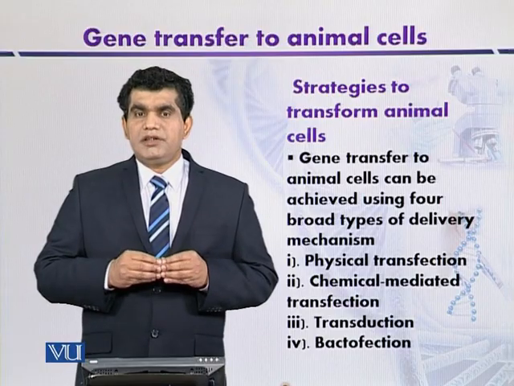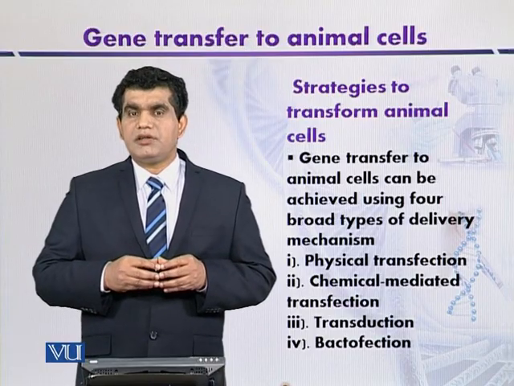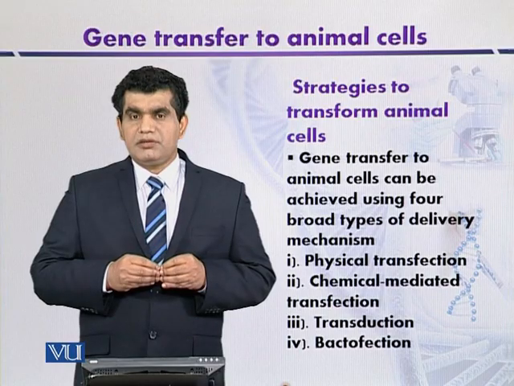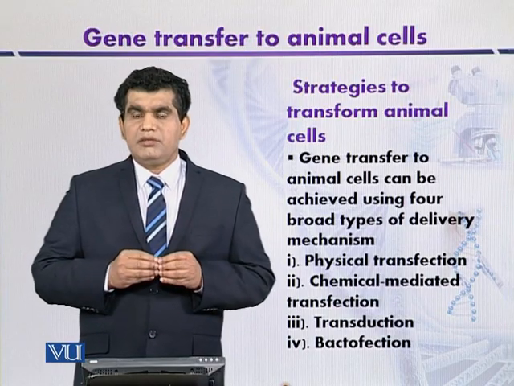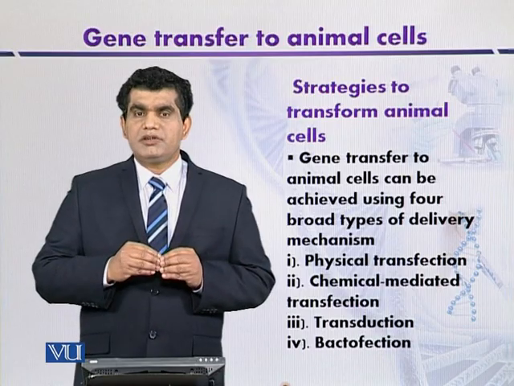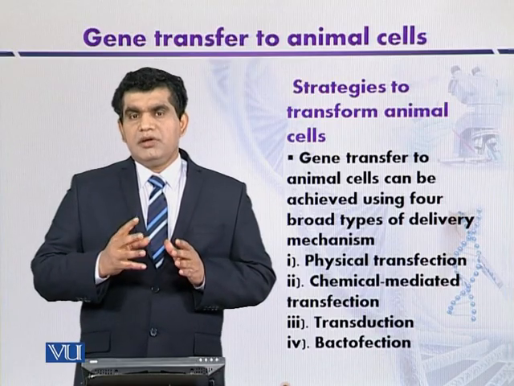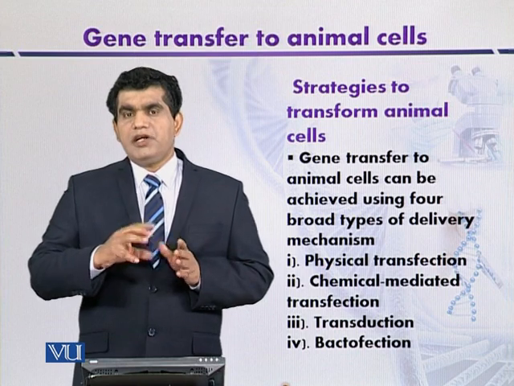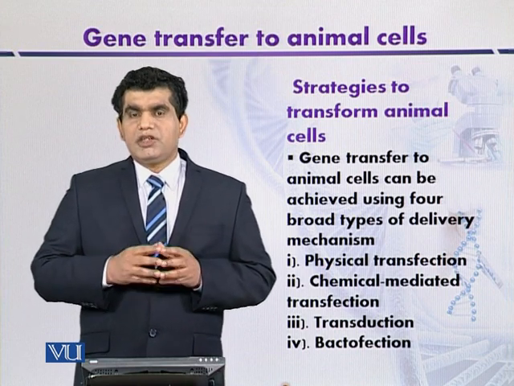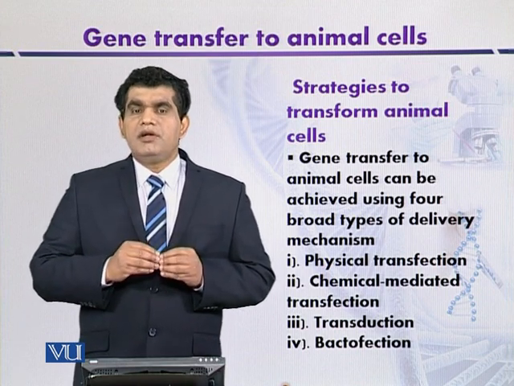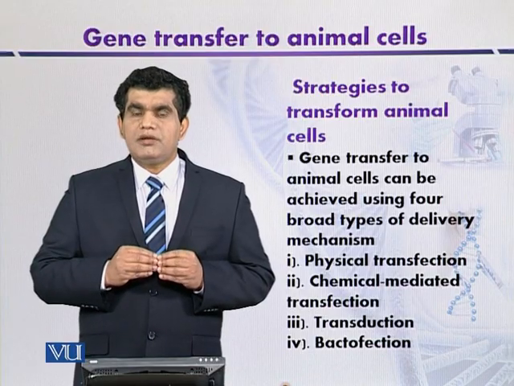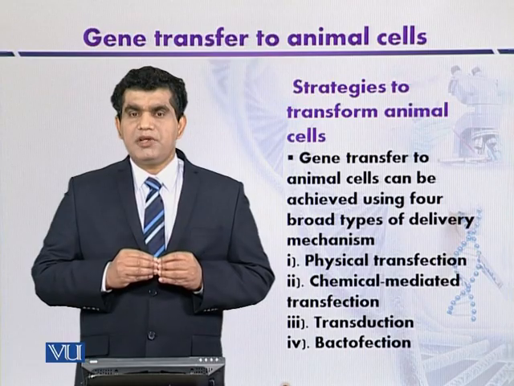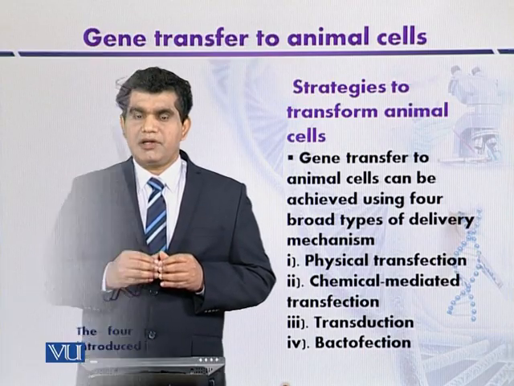Then another method, the fourth one, is physical transformation, where naked DNA, with the help of certain chemicals, or even using particle bombardment technique or electroporation, can be transferred directly into the animal cell. So it can be explained with the help of a diagram.